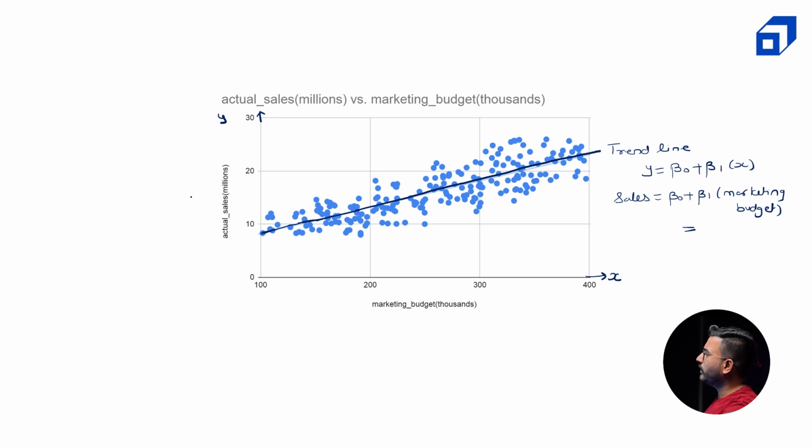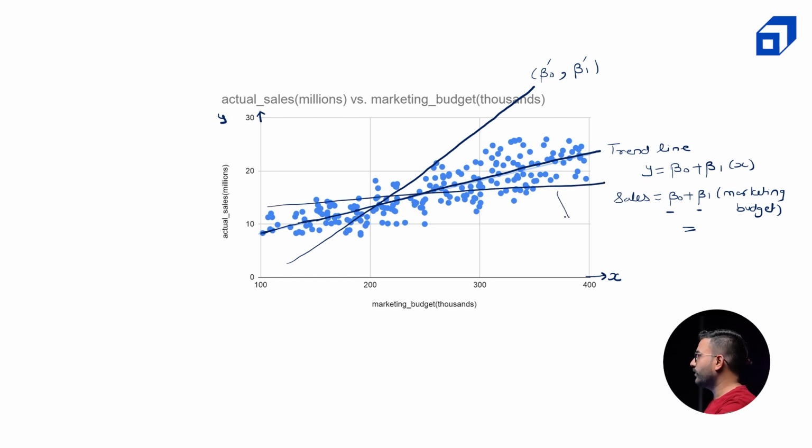And please remember one thing, a line is something which we define using a set of coefficients. So if I draw this line, then this line will have a different set of coefficients, let's say beta naught dash, beta 1 dash. If I draw this line, it will have a different set of coefficients, let's say beta naught double dash and beta 1 double dash.